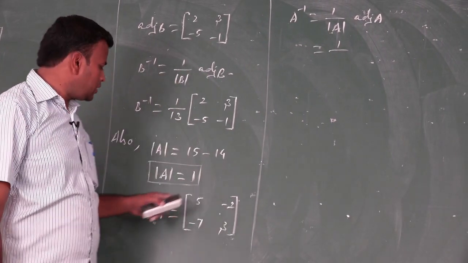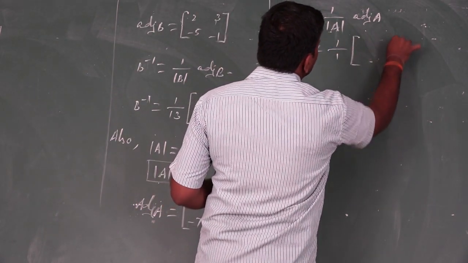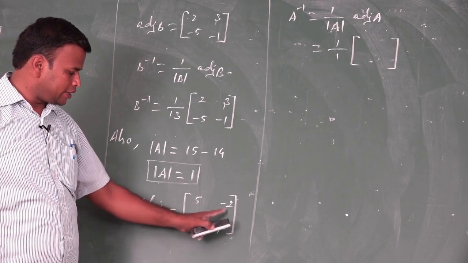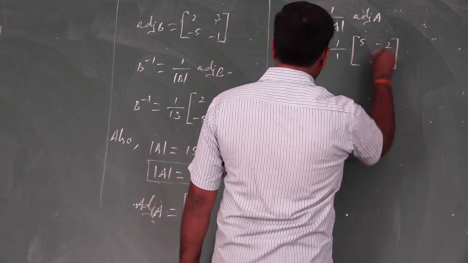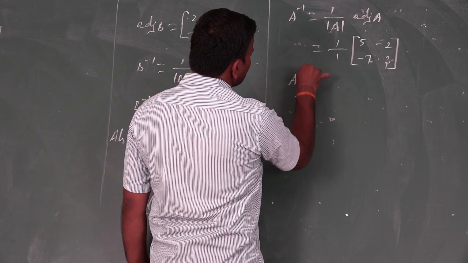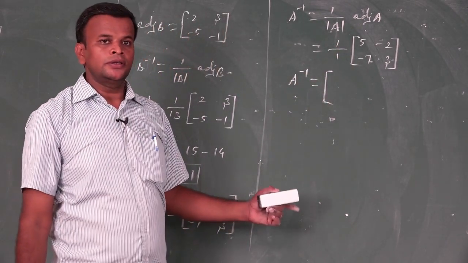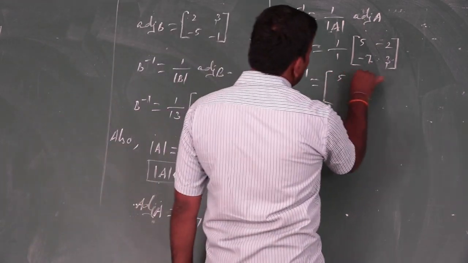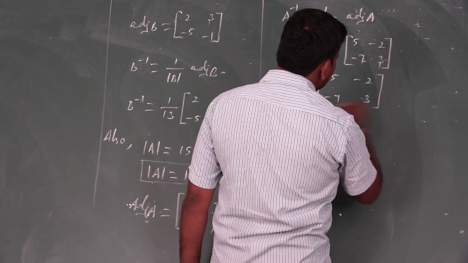The value of determinant A is also just 1, into adjoint A. Adjoint A value is [5, -2; -7, 3]. So A inverse is, we know very well, 1 by 1 is just 1. We multiply inside, we have the same value. So A inverse is [5, -2; -7, 3].